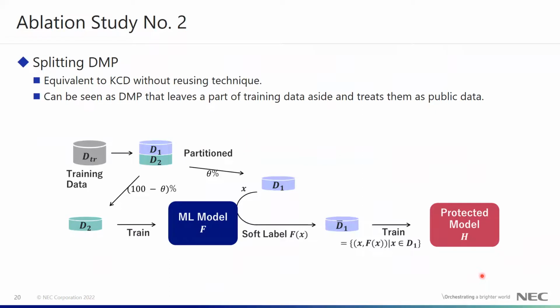Second scheme, splitting DMP. Split training data with a given ratio. Train the teacher model by using one part. Then train the student model by another part. This is equivalent to KCD without the reusing technique and can be seen as DMP that leaves a part of the training data aside and treats them as public data.